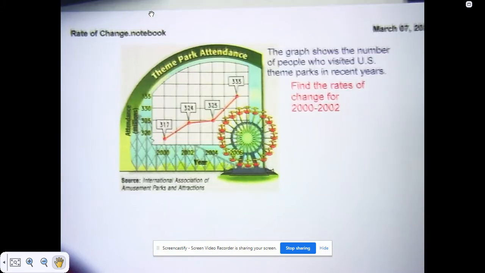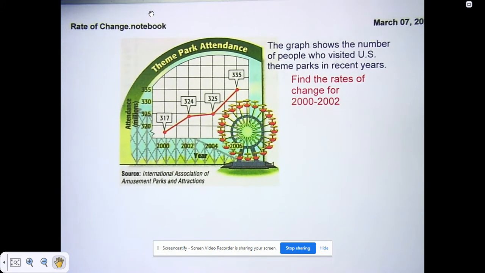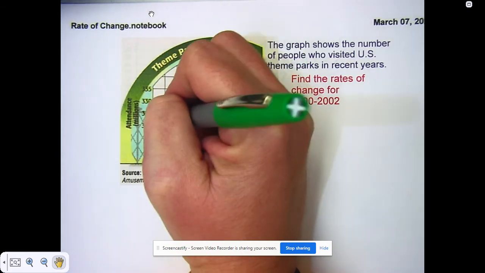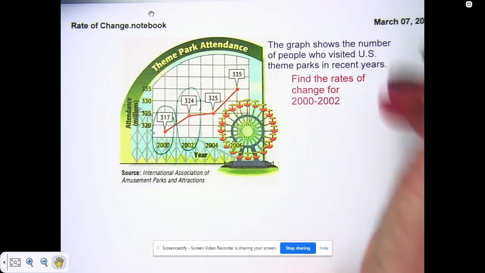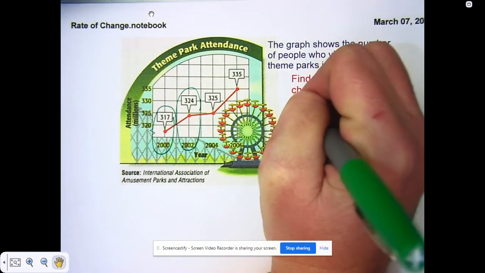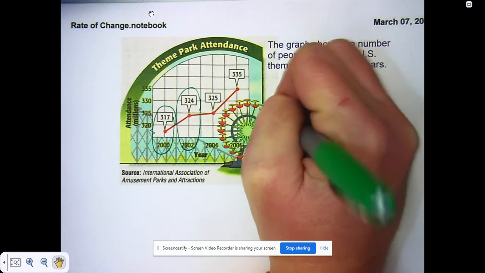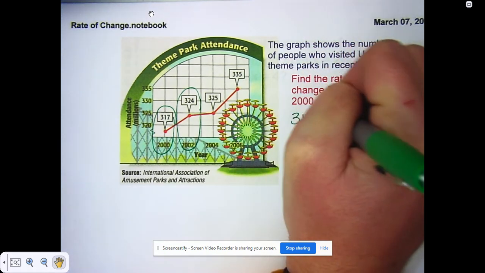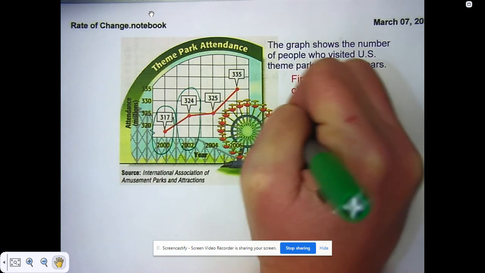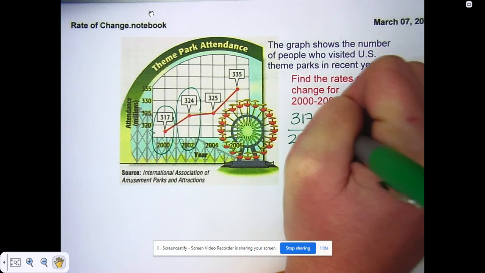All right. The graph shows the number of people who visited the U.S. theme parks in recent years. Find the rate of change for 2000 to 2002. So again, we only care about 2000 and 2002. So Y's, if you're doing it by hand, 317 minus 324 and 2000 minus 2002.